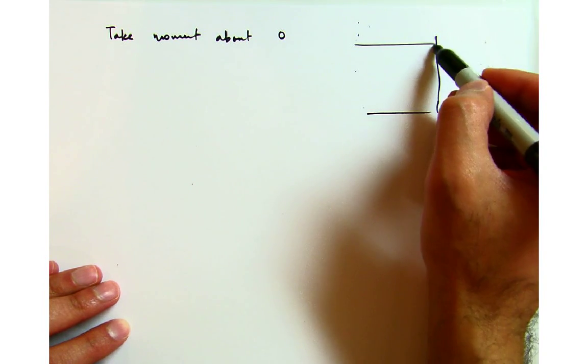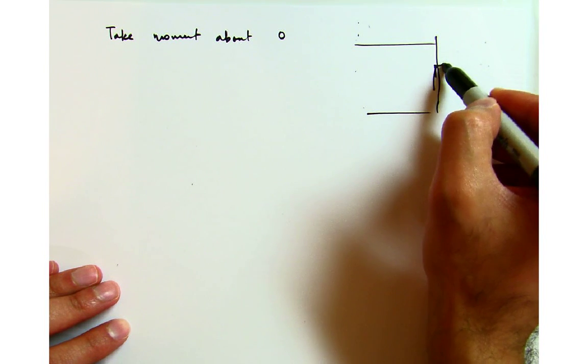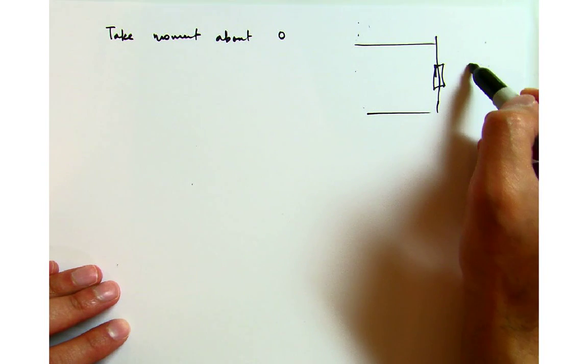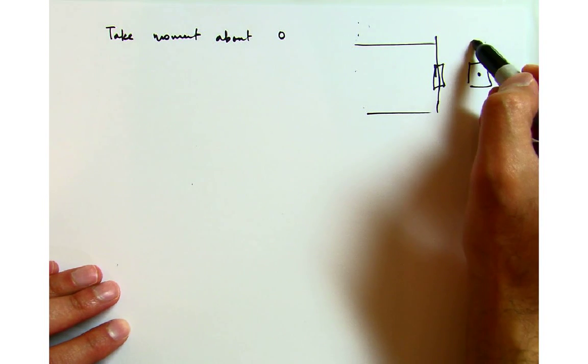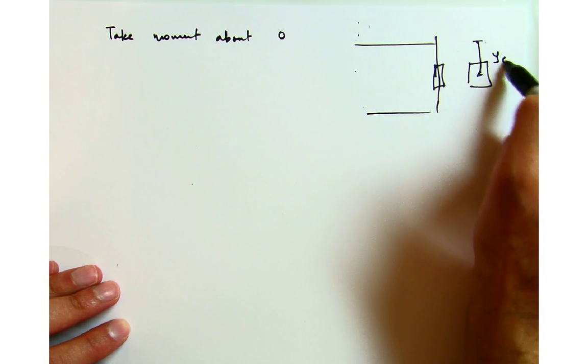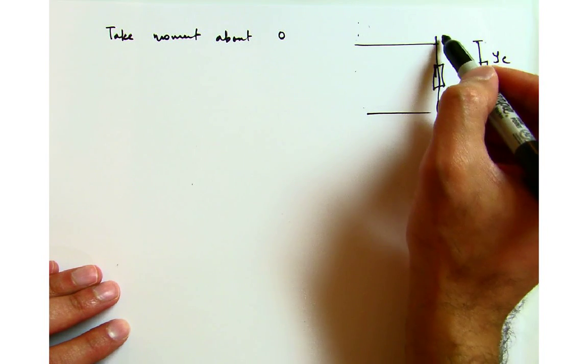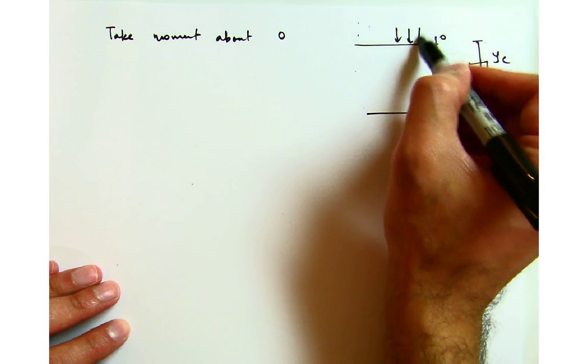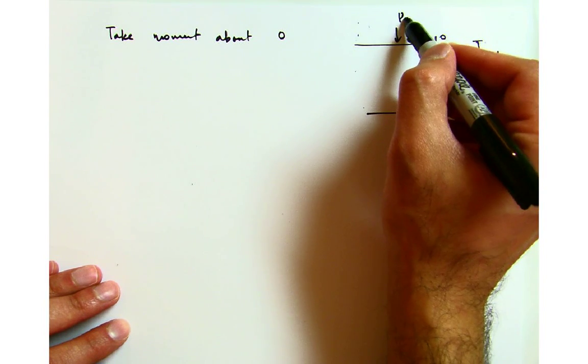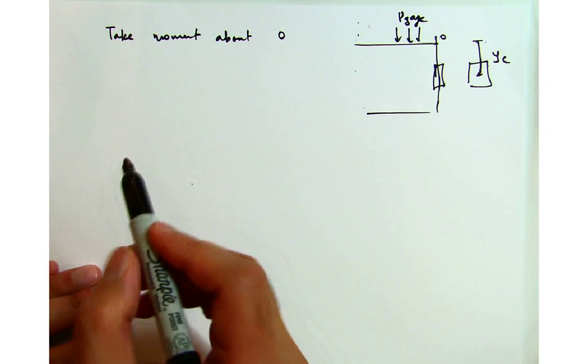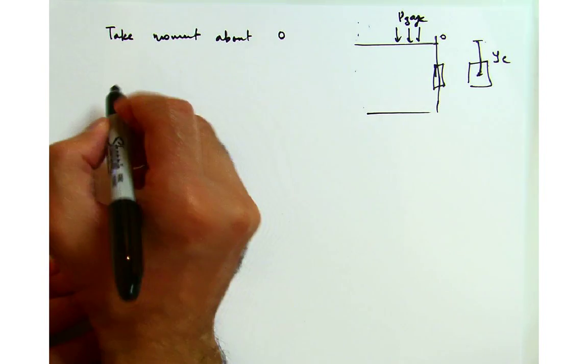We have a gate here somewhere, and this is the shape, and that's where the distance from the centroid is. So this is yC, and so on, and then you have a gauge pressure. So let's take the moment about O.